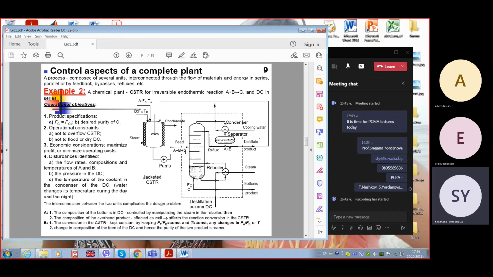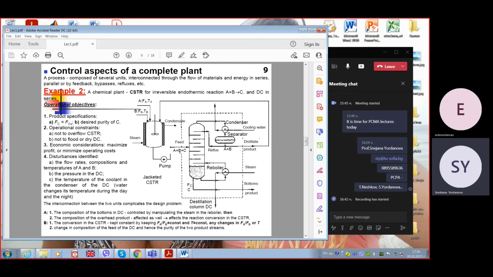The idea of separation is the different evaporation points of A, B, and C. So this distillation column has a vertical distribution of pressure and temperature. These are valves like plates. The feeding is selected where the temperature keeps A and B in a gaseous state, but the product C becomes liquid and drops down.